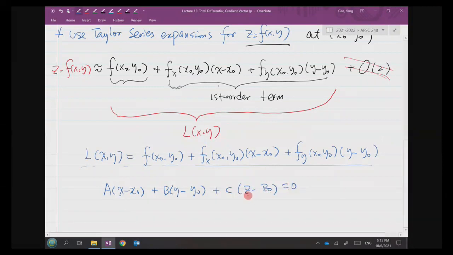That's a plane equation. Of course, here we used a z, but in this case we have an L. So if I move everything in this expression to the same side, this is basically your A, and this is basically your B. What's the C value here?